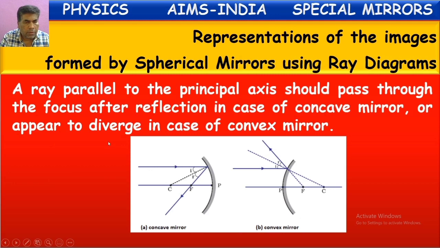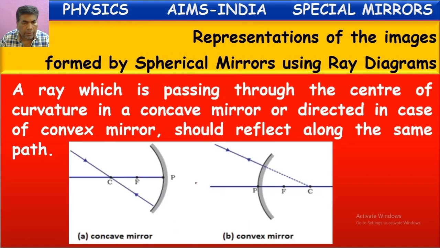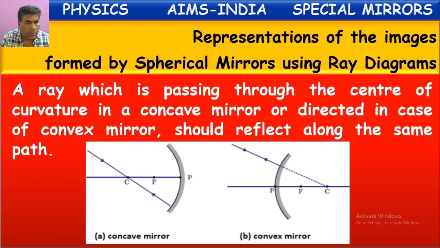One ray parallel to the principal axis will pass through the focus, or another ray passing through the center of curvature after hitting the mirror retraces its path or reflects back in the same direction.